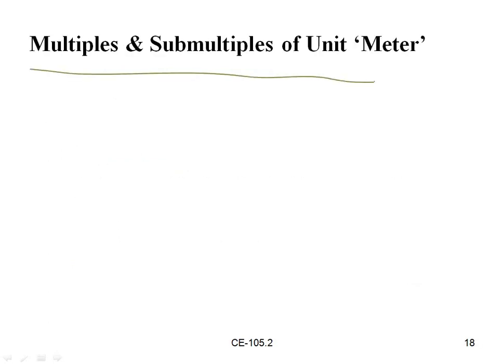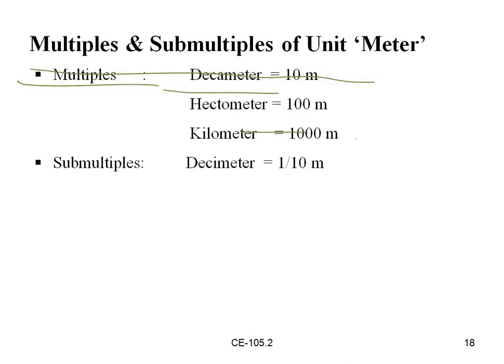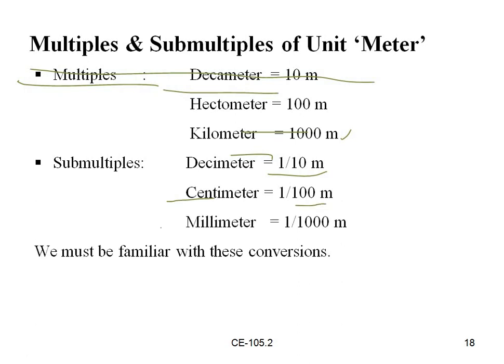Multiples and submultiples of the unit meter: multiples are decameter, 10 meters, hectometer, 100 meters, and kilometer, 1000 meters. Submultiples are decimeter, equal to 1 by 10 meter, centimeter, 1 by 100 meter, and millimeter, 1 by 1000 meters. So we must be familiar with these conversions.